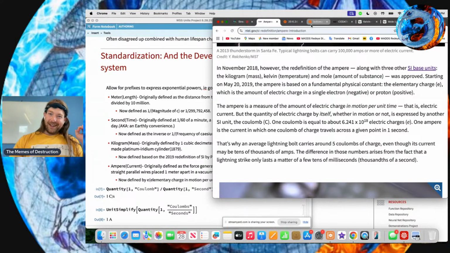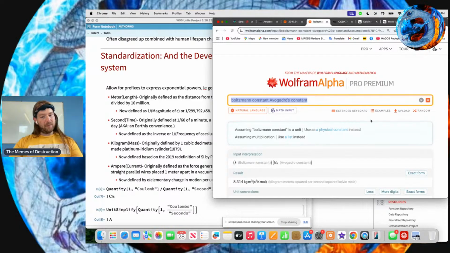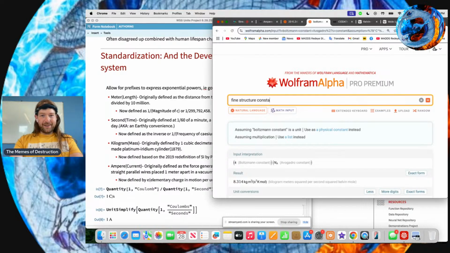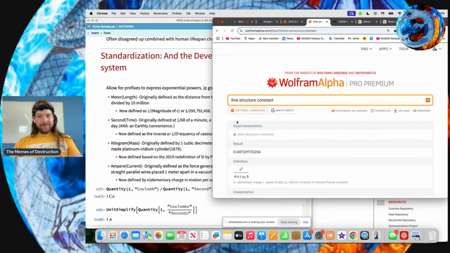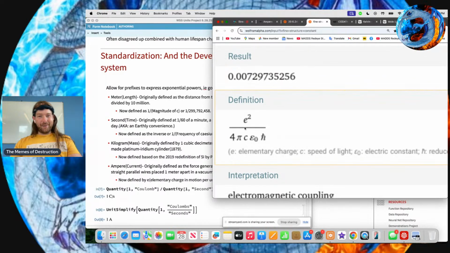The other thing is, the reason why I say the coulomb should be used is because, well, alpha is a dimensionless thing, the fine structure constant. Its official definition is this here: elementary charge squared over 4 pi c, the speed of light, epsilon naught, the electric constant, or the permittivity of the vacuum, I believe, times the elementary unit of action.